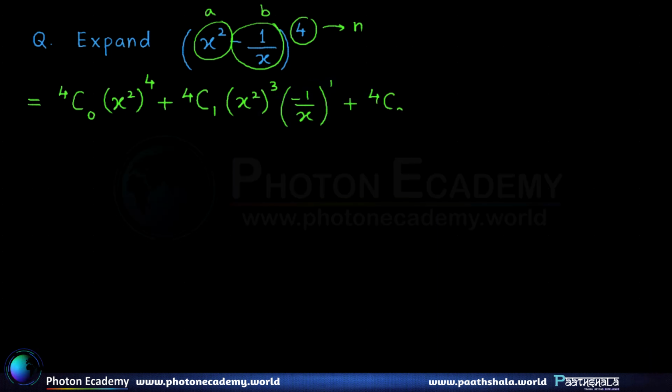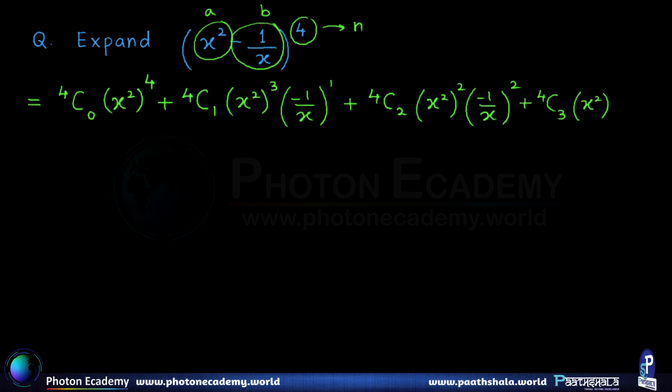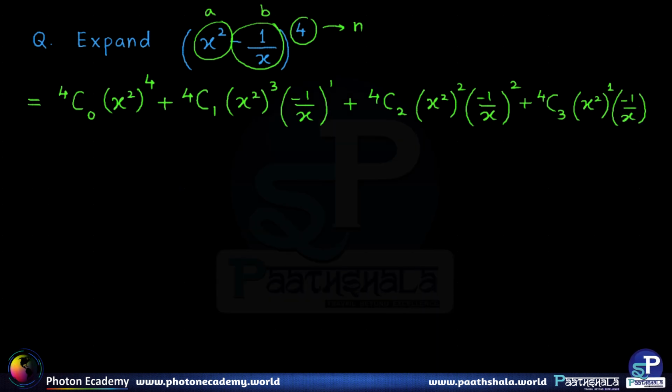Then next is 4C2 (x square) square and (minus 1 upon x) also the whole square. Then we have 4C3 (x square) raised to 1 and (minus 1 upon x) the whole cube, and lastly we have 4C4, x square has vanished and we have only (minus 1 upon x) raised to 4.